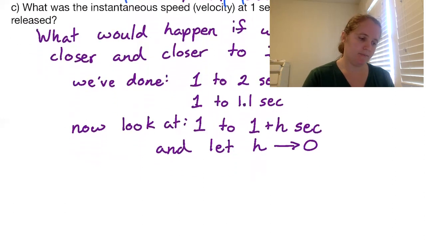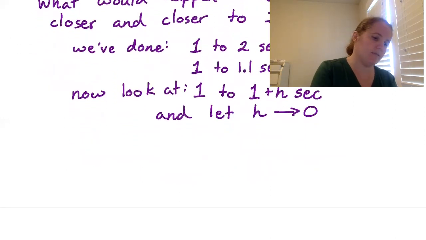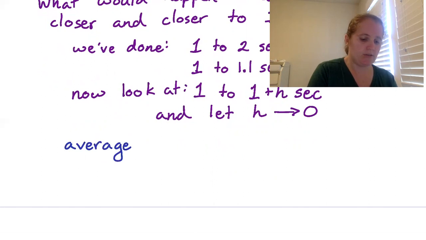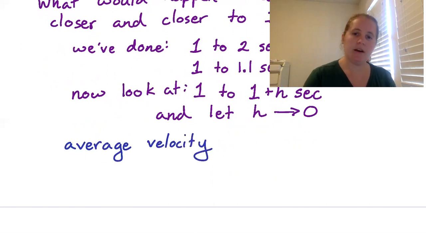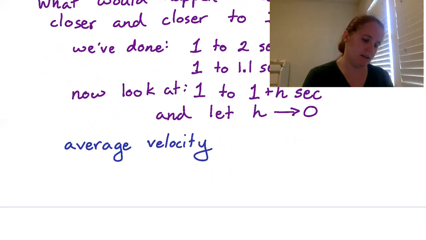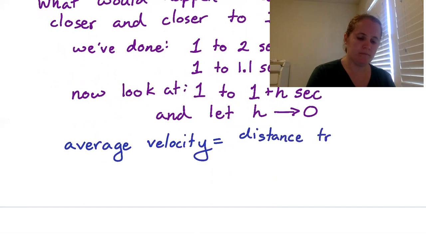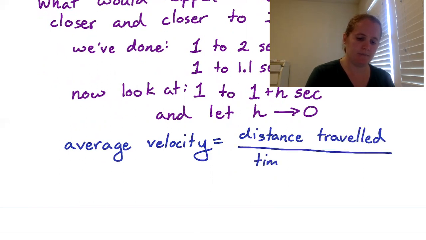So once again, we would have our average speed. Let's just do average velocity this time around. For our average velocity, we're going to do the distance traveled divided by the time elapsed.